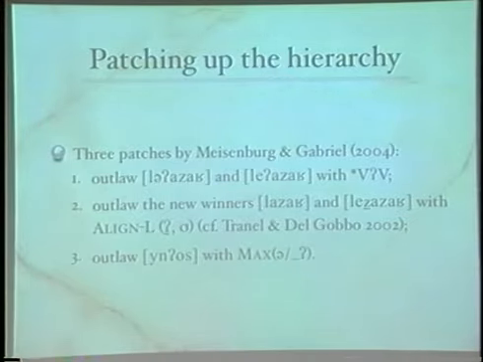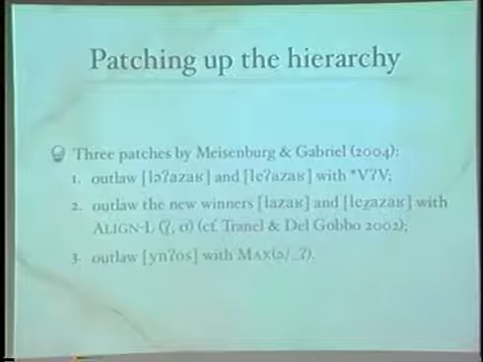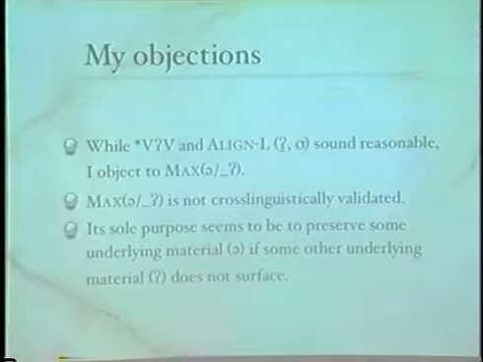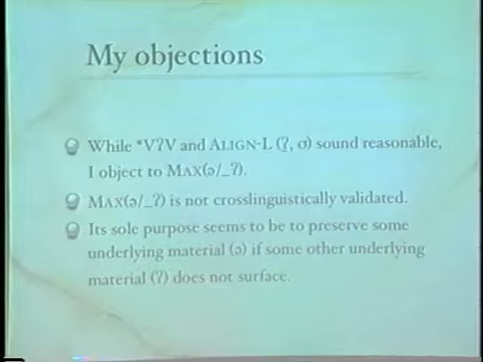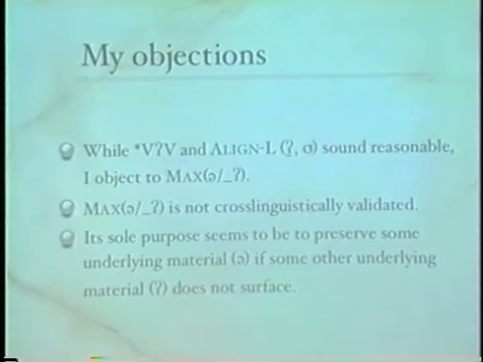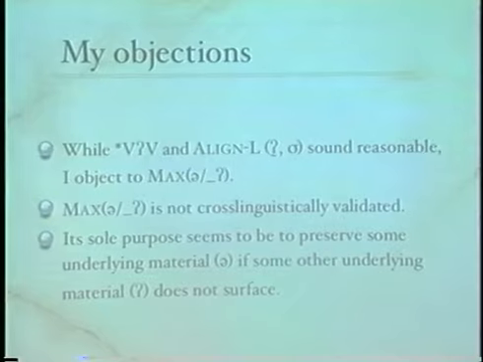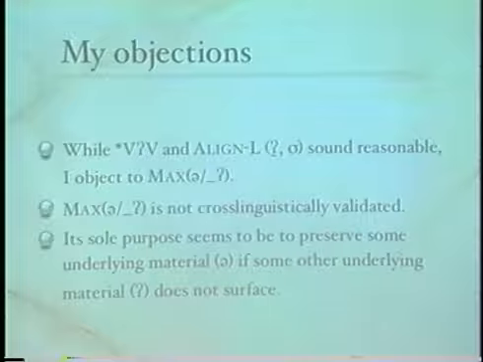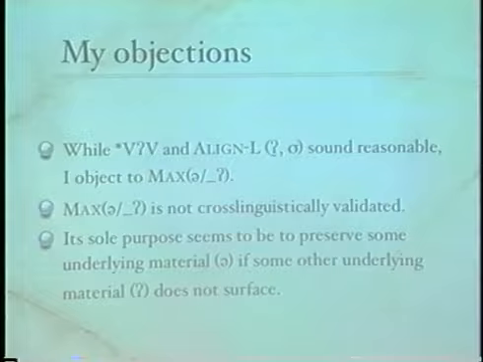Well, you know, there are always ways to patch up your hierarchy in OT, and for non-OTists, that's the bad thing about OT, because many authors do that. They propose constraints to fill up the holes in the reasoning.